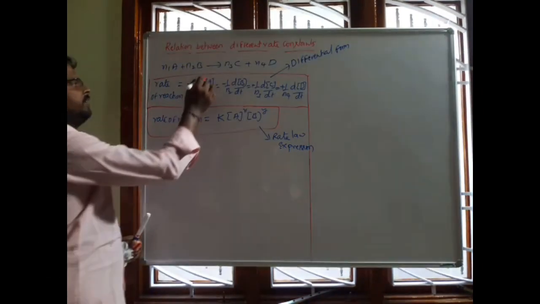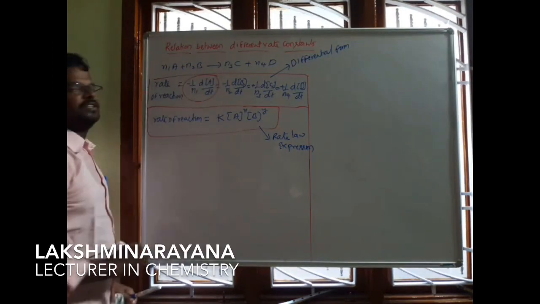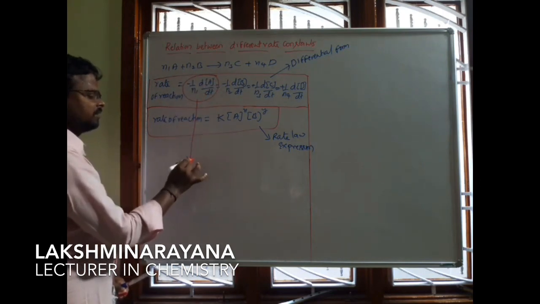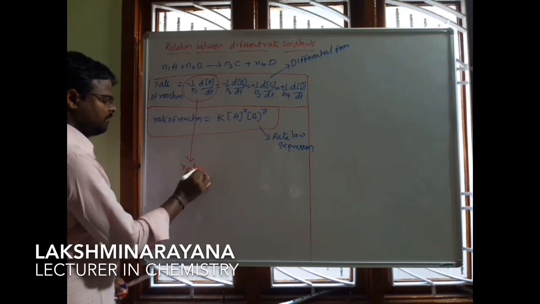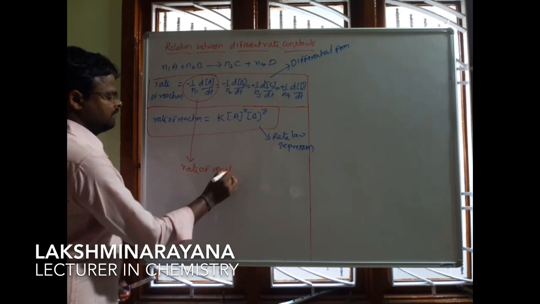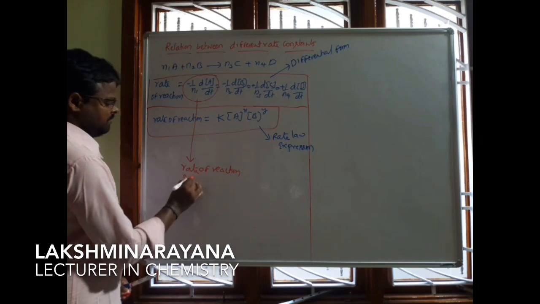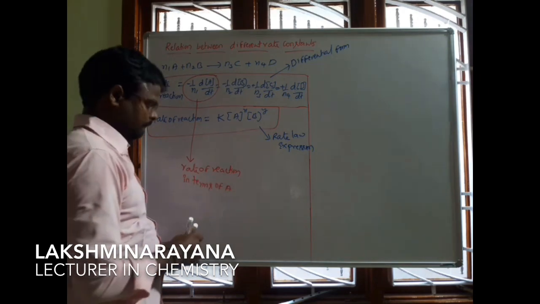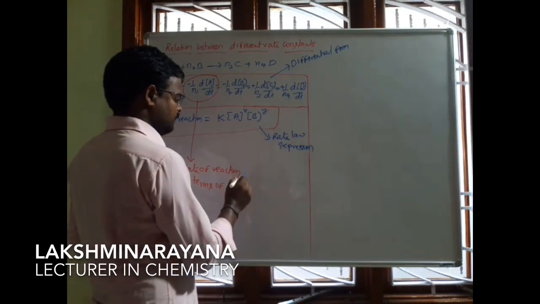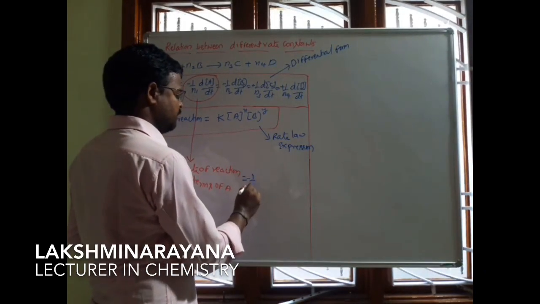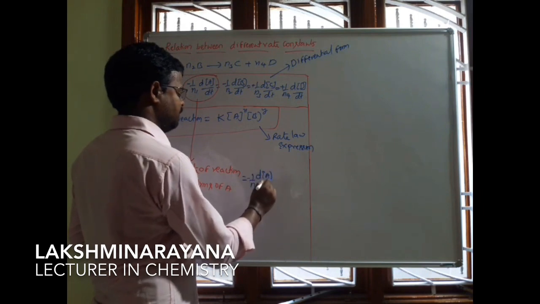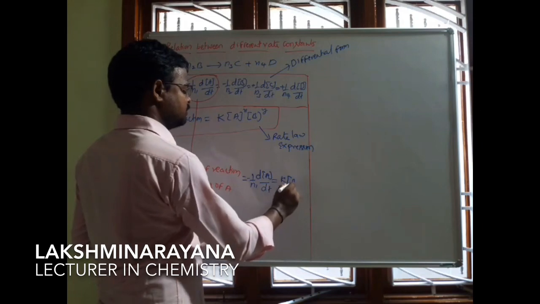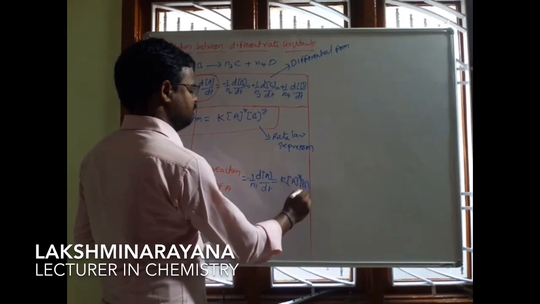Now if you take this equation, minus 1 by N1 into dA by dt is nothing but the rate of reaction in terms of A, which is equal to K into concentration of A power x into concentration of B power y.